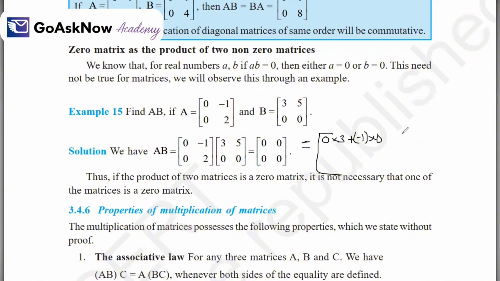For the second element, 0 into 5 plus minus 1 into 0. Here you get 0 into 3 plus 2 into 0, and here 0 into 5 plus 2 into 0.